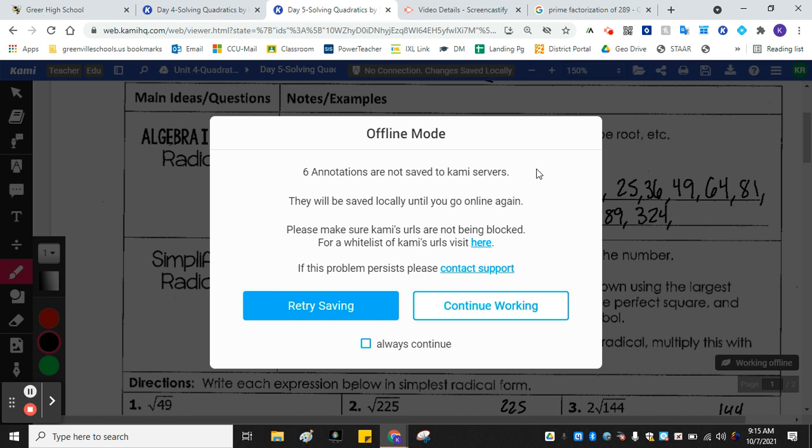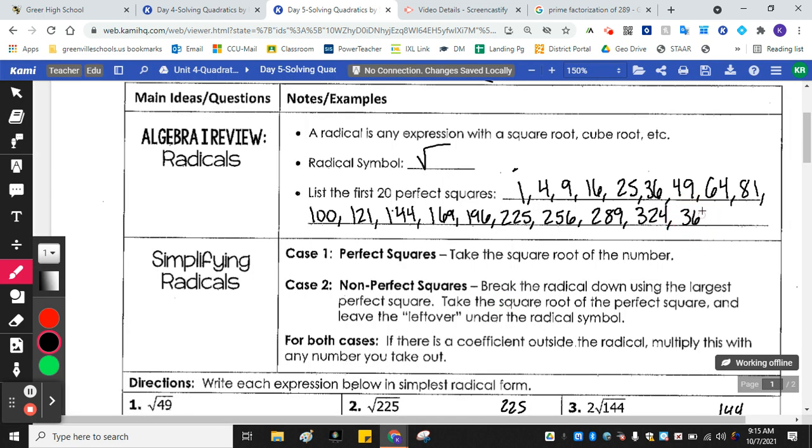19 squared, hold on. 18 squared, 324. No. 19 squared, 361.